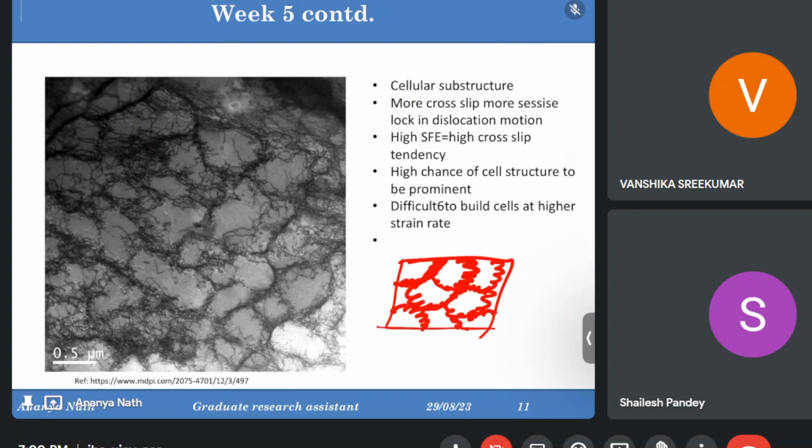Okay, this picture was demonstrated. So this is one possible situation which really happens inside the material.